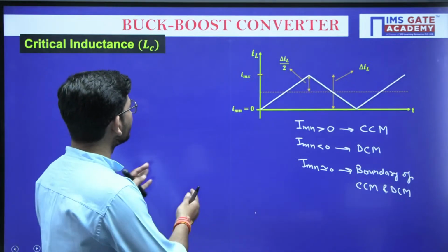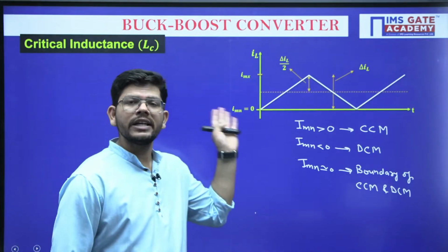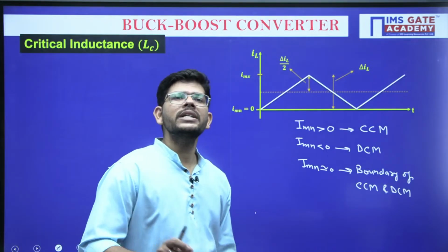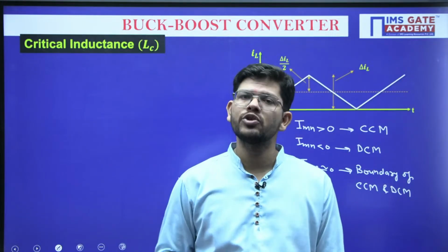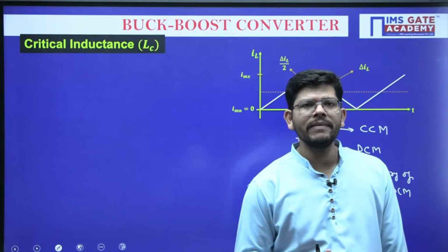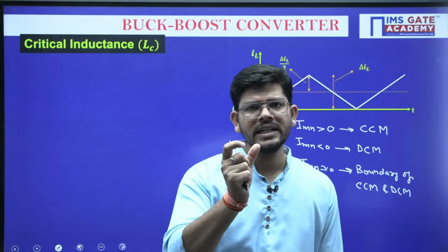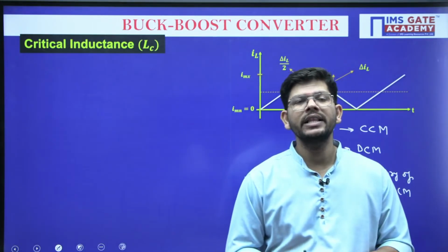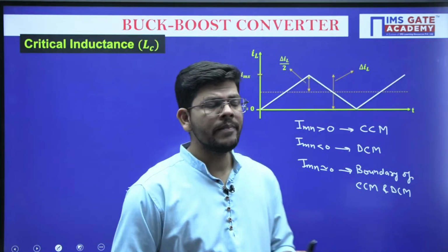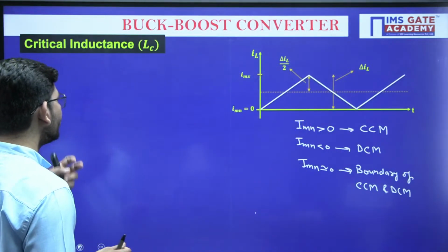So what is this critical inductance? All these are related to that. The circuit must have a critical value of inductance so that continuous conduction can be assured. If the inductor that we have in the circuit is below a certain critical value, discontinuous conduction will be there, and that is not desired. Okay. We want the current in the circuit to appear all the time.